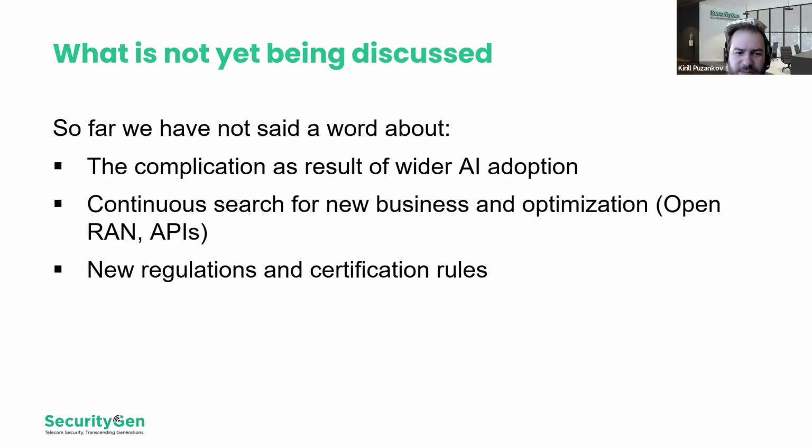The last point is about the regulations and certification rules. It's clear that regulation and certification are inevitable, and sometimes when they are implemented in a smart way, they can actually introduce value to the industry. But we also shouldn't forget that there might be some negative implications, presented in the form of certifications that bring little value.